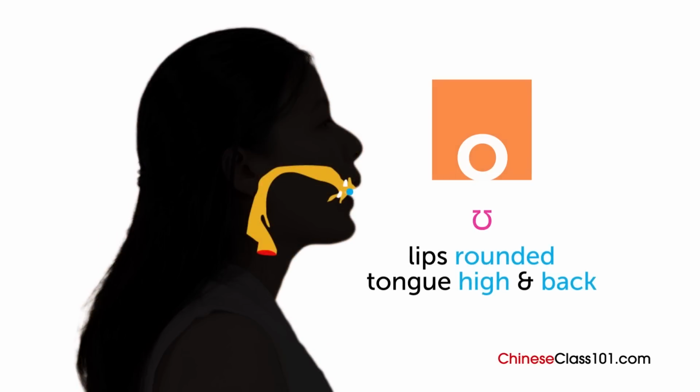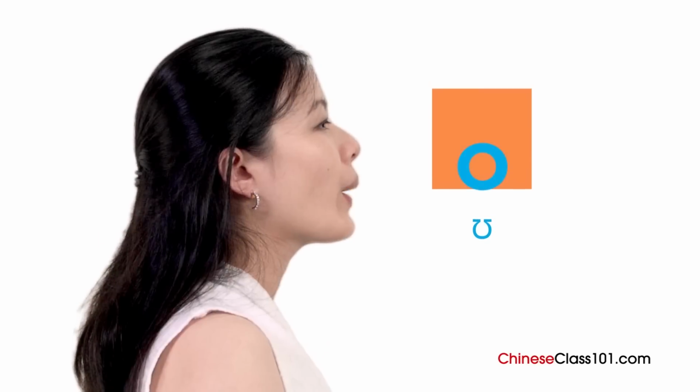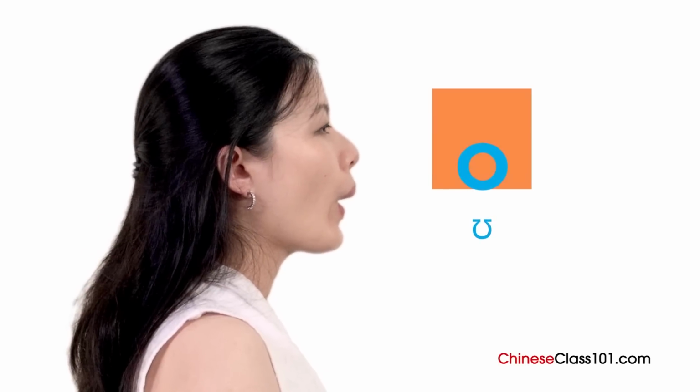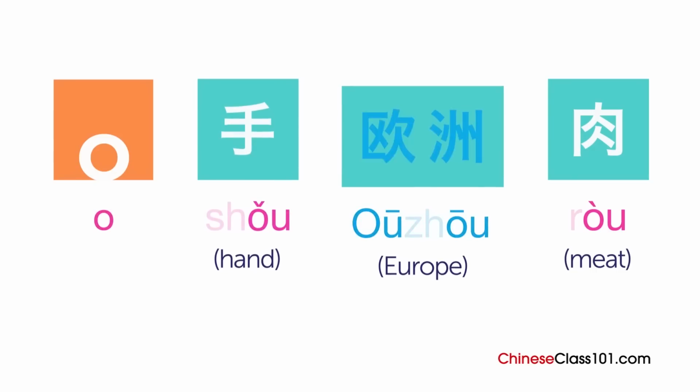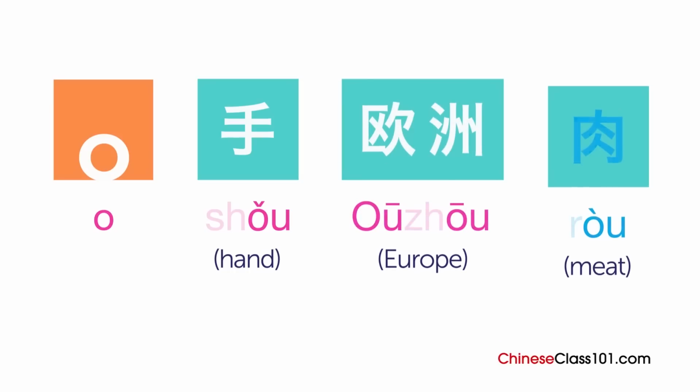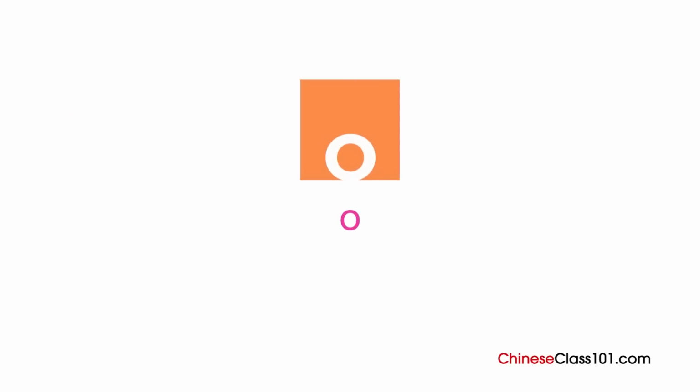When paired with the following, the O changes. 手欧洲肉. The O becomes a little bit like the O sound in the word O. However, try not to carry over the W sound too much.